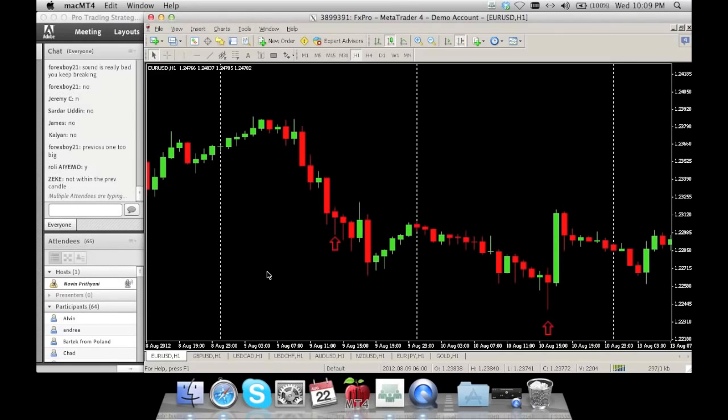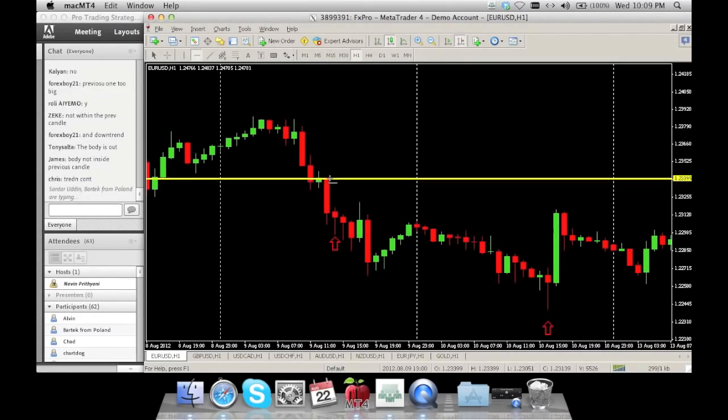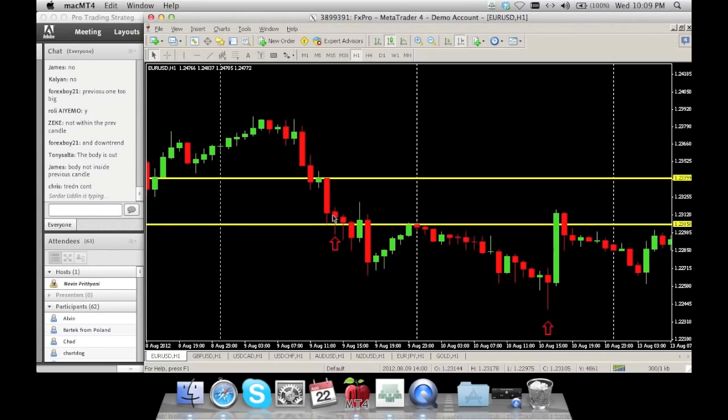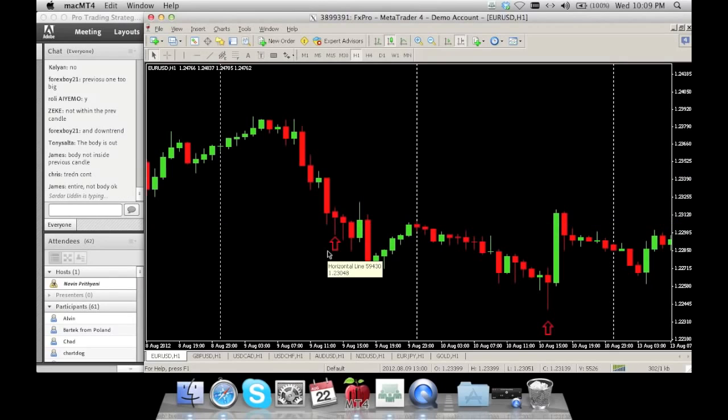Previous candle too big. Okay, Zeke, it is actually within the previous candle. You can see the open and the close. It should be within the entire previous candle. See, it is inside there. Yeah, entire, not body. Okay, so let's move on.